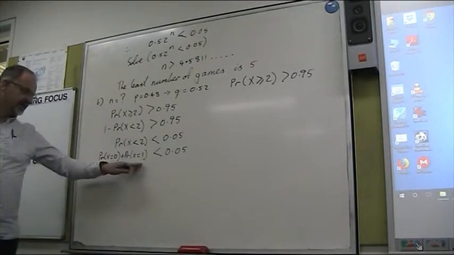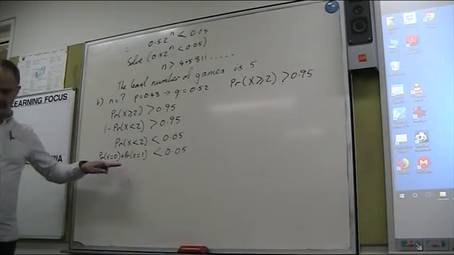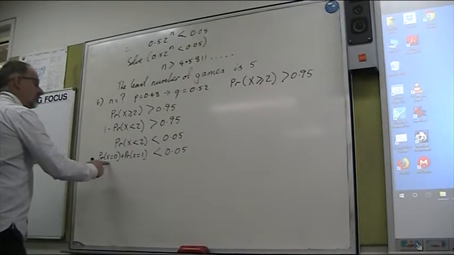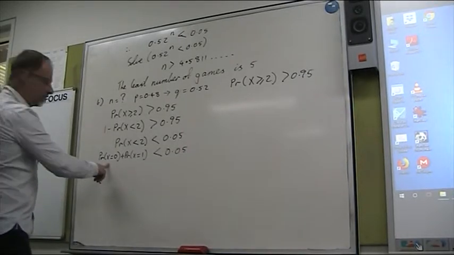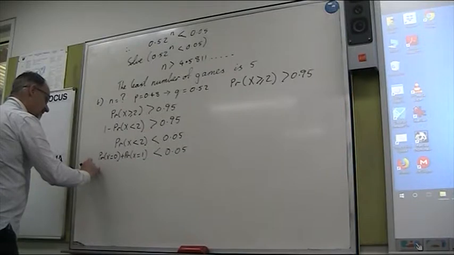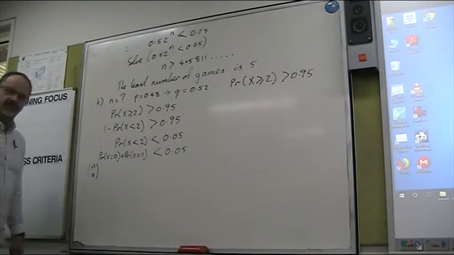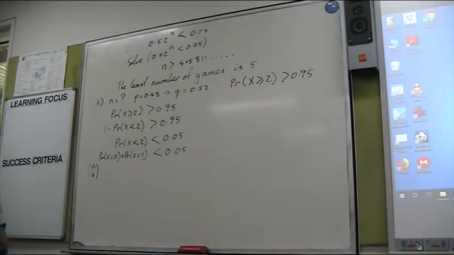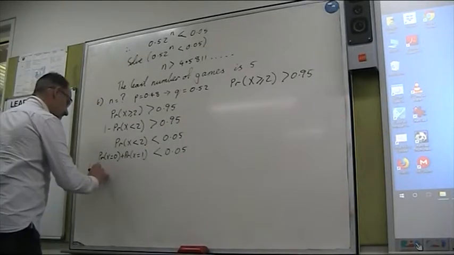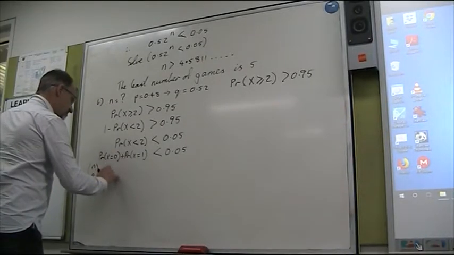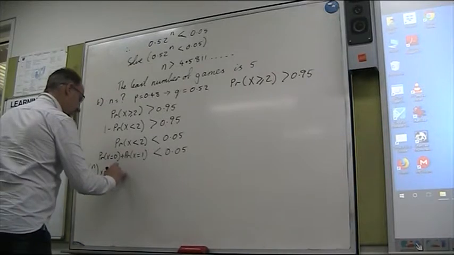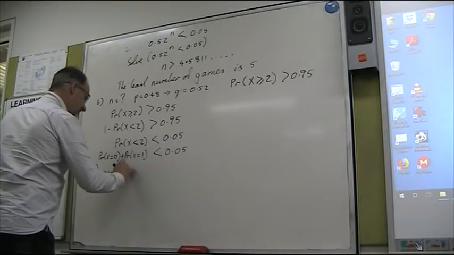So what are these things? Well, the first one here is exactly what we had before. It's n trials, don't know wins, times 0.48 to the 0 times 0.52 to the n.